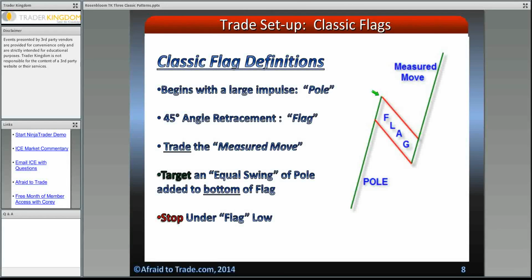So sometimes we also look for what's called an ABC structure. Well, we'll just see it on the chart. We won't worry about this. But this is an ideal measurement of a flag. The target is simply the measured move, so it's right at the top of this projected pattern.